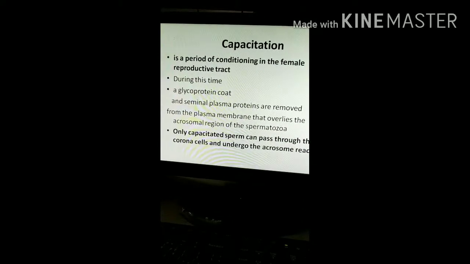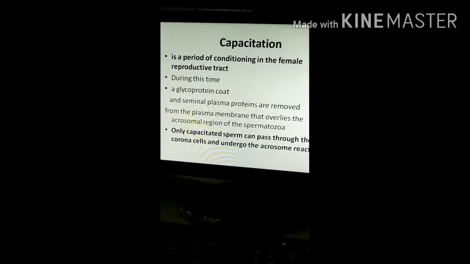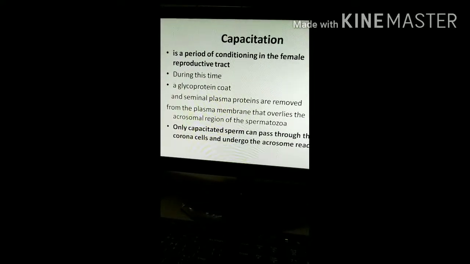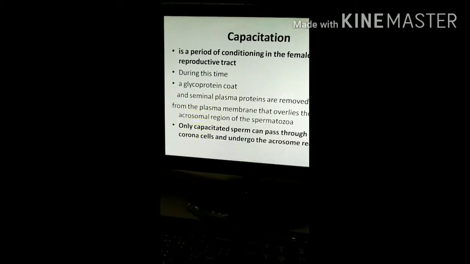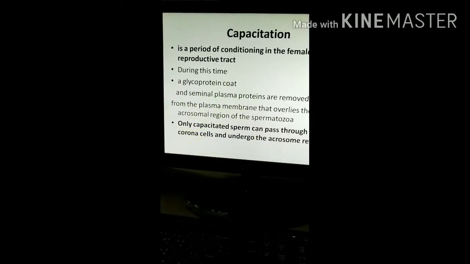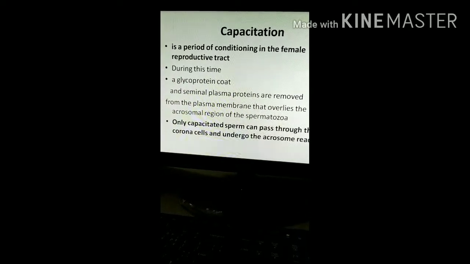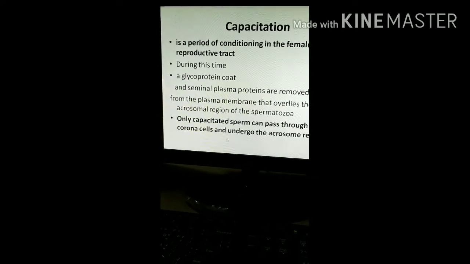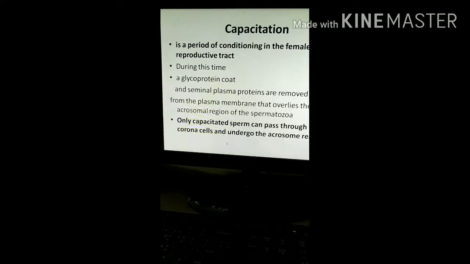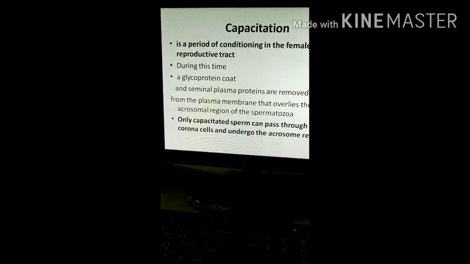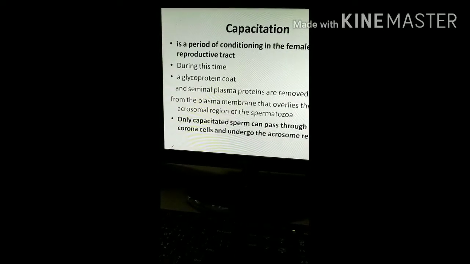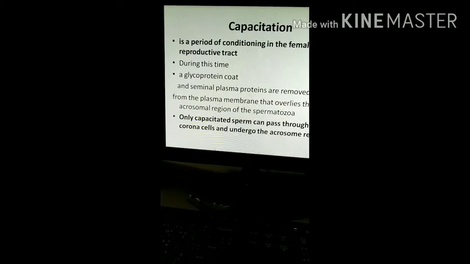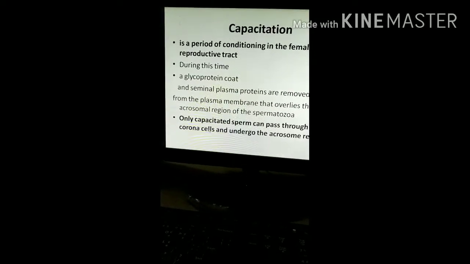Capacitation is the period of conditioning in the female reproductive tract. During this time, two structures, the glycoprotein coat and seminal plasma proteins that overlie the acrosomal region of the spermatozoa, are removed.